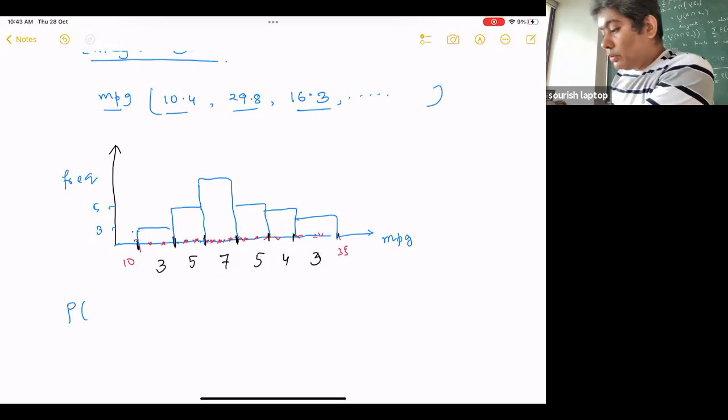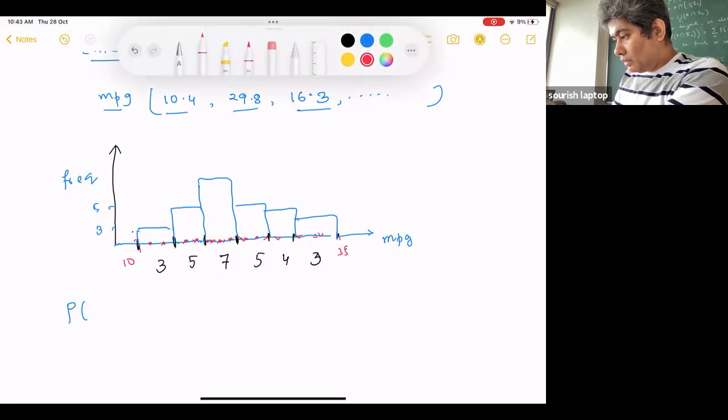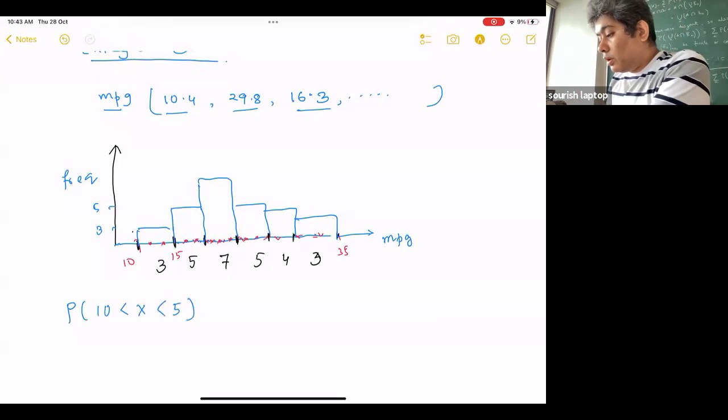Suppose this bin is 10 and this bin value is, say, maybe 15. I'm interested in the probability that if I randomly draw a sample, the miles per gallon for that sample will be between 10 and 15.